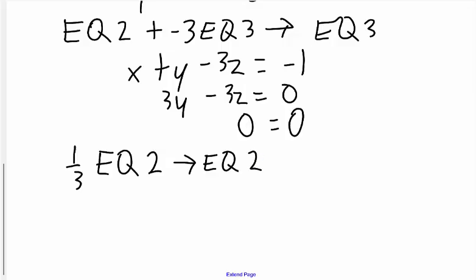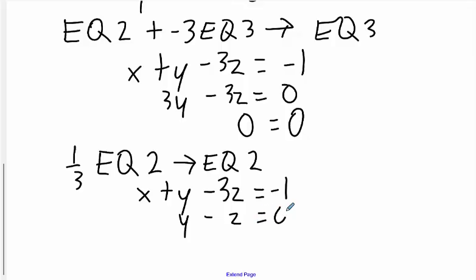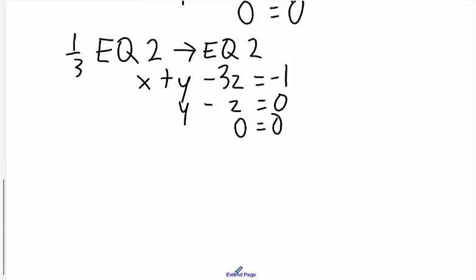So if we do that, we have x plus y minus 3z equals -1. We multiply that by 1/3, so that's y minus z equals 0. And we'll just put 0 equals 0. We don't need to, but let's just put it there so we know it's there. Now we can do some back substitution. We have y minus z equals 0, so therefore we know that y equals z.